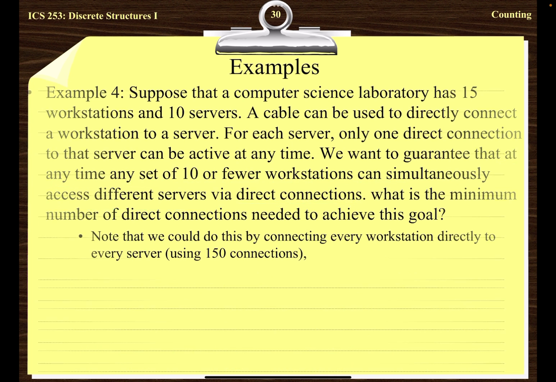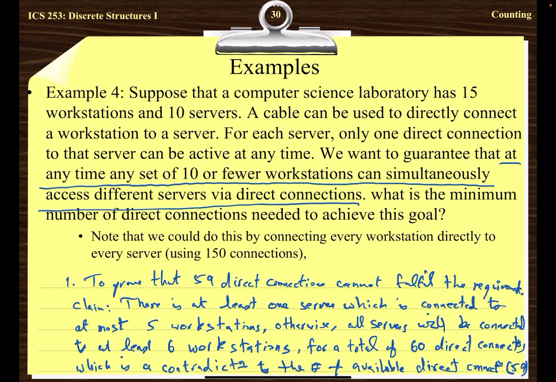Okay. So basically, what did I say here? Otherwise, all servers will be connected. So the claim is there is at least one server which is connected to at most 5 workstations. Now, since one server, does it harm if I said S10?